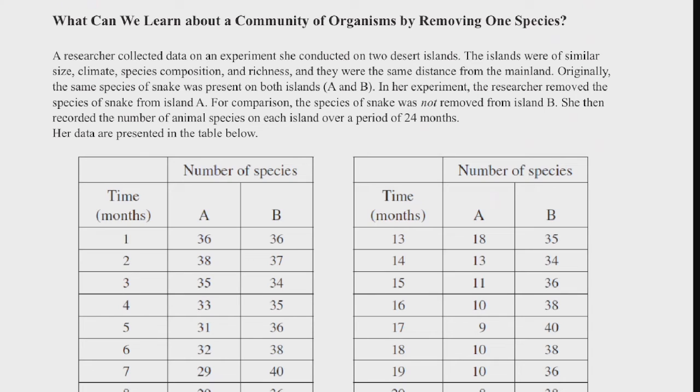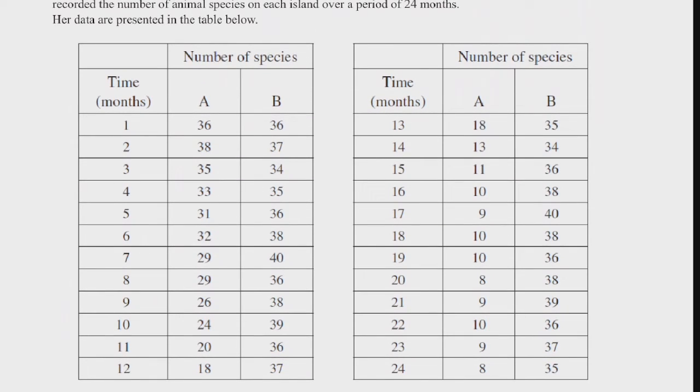Originally, the same species of snake was present on both islands A and B. In her experiment, the researcher removed the species of snake from island A. For comparison, the species of snake was not removed from island B. She then recorded the number of animal species on each island over a period of 24 months. Her data is found below.